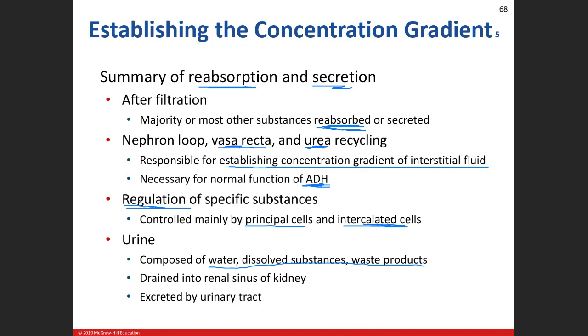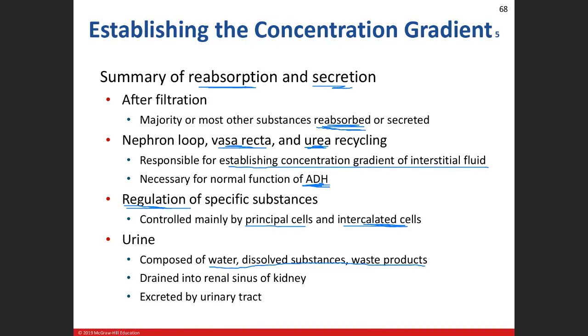So understand, in a normal situation, as long as there's no pathologies present, substances are either going to be resorbed or secreted, and if something that normally is resorbed gets secreted, then we have to start asking ourselves, what is causing this?